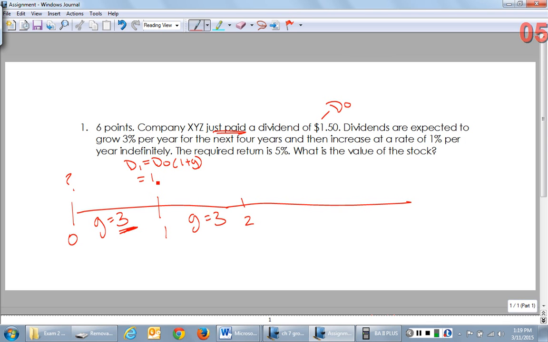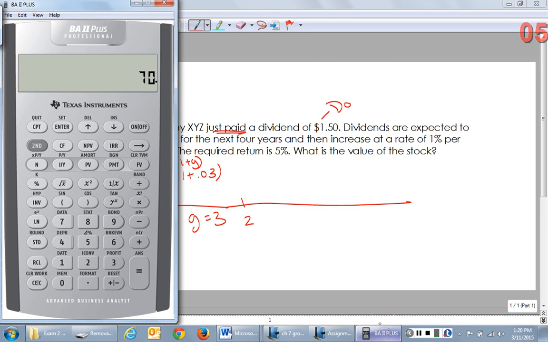So that's $1.50 times 1 plus 3%, to give us 1.545.